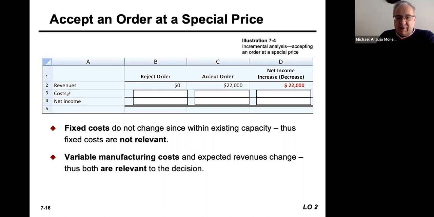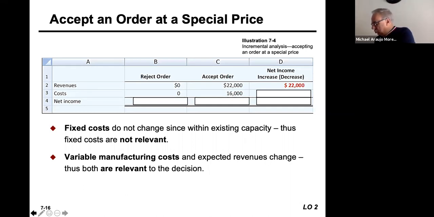Well, the costs matter a lot as well. Of course, if they rejected the order, there's no cost involved. But if they accepted the order, each smoothie blender would need to absorb, I'll have to go back to show, I think it's $8 per unit in variable costs and $4 per unit in fixed costs, right?